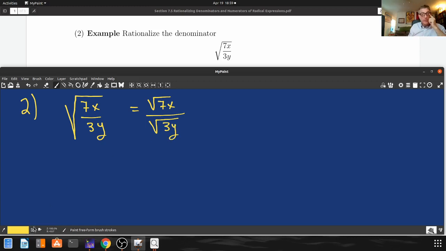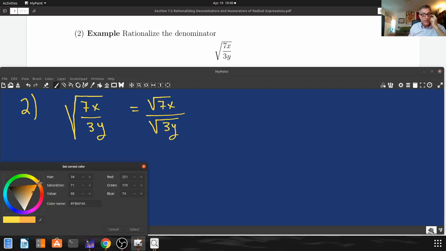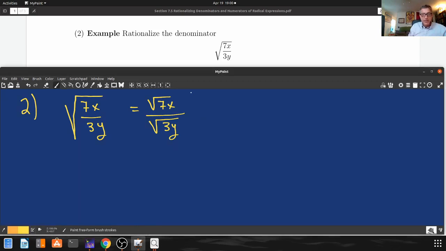Now this bottom radical cannot be in any way simplified. So the only thing to do now is to multiply it by some form of 1, in the form of some expression over the expression. And that expression always is the radical portion that cannot be further simplified, that is on the denominator.